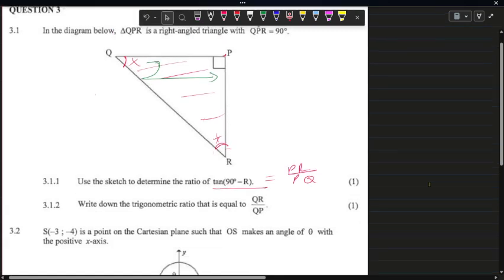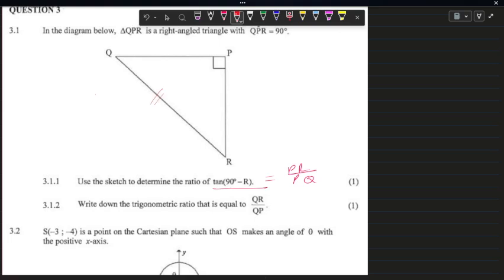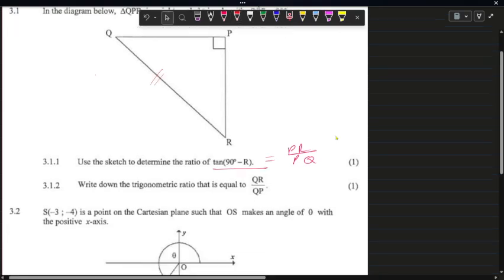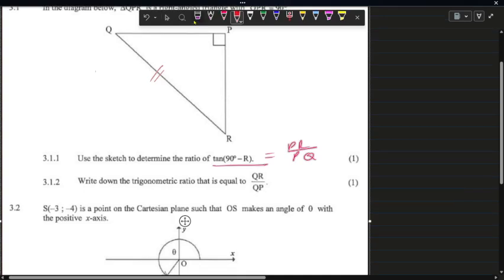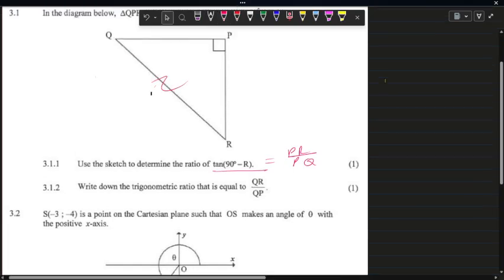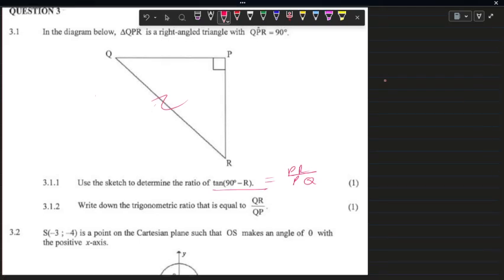Then in question 3.1.2, they say you must write down the trigonometric ratio that is equal to QR over QP. QR is the hypotenuse, this side, and QP is this side.